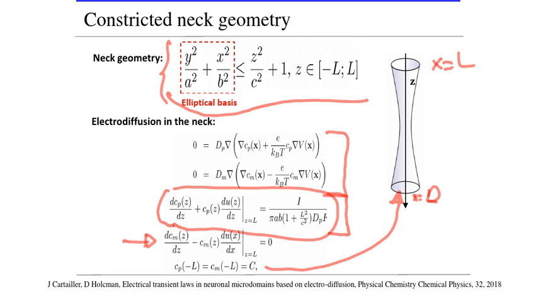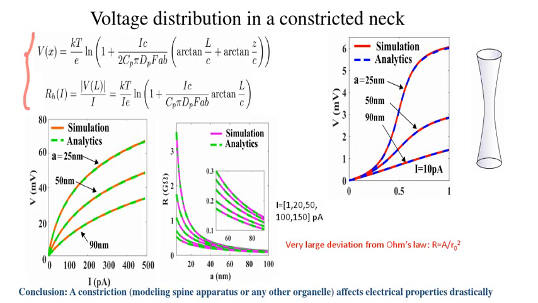So here is the result for the voltage and the resistance. Now we have an even more complicated function of the voltage as a function of the geometrical parameters such as the length, C, which comes into the description of the hyperboloid, and pi AB is the surface of the narrowest ellipse. And then we have here the resistance.